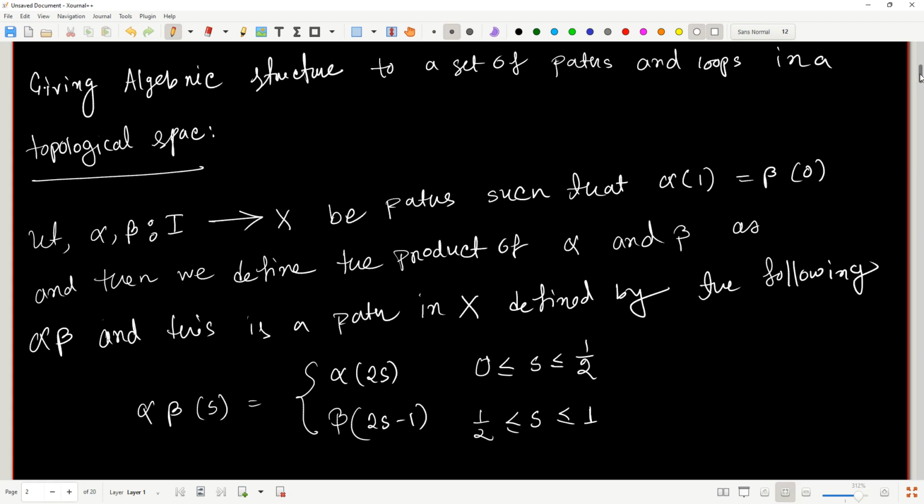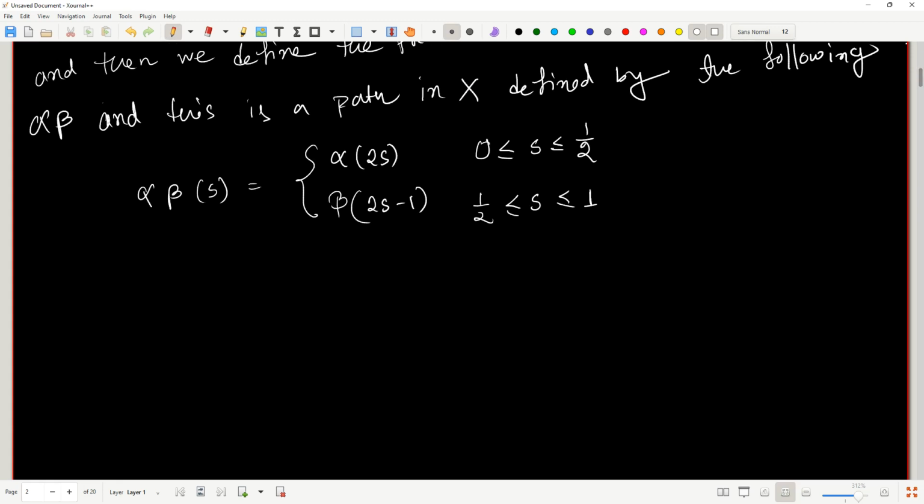But let me show you what this really means. Let's say this is my interval from 0 to 1, and this is my half, and let's say my path is something like this. When I'm talking about alpha, this point will be just alpha of 0, and I go from alpha 0 to alpha 1, and this alpha 1 is the image of this point half.